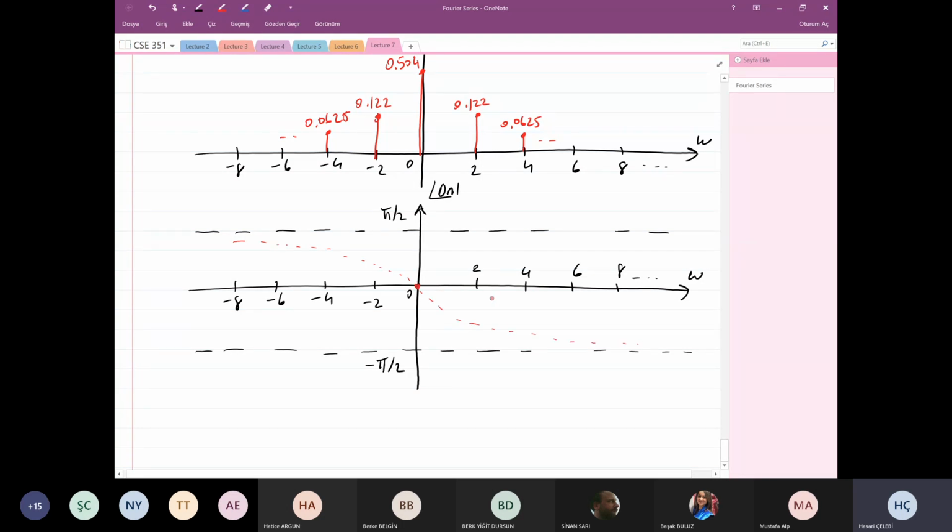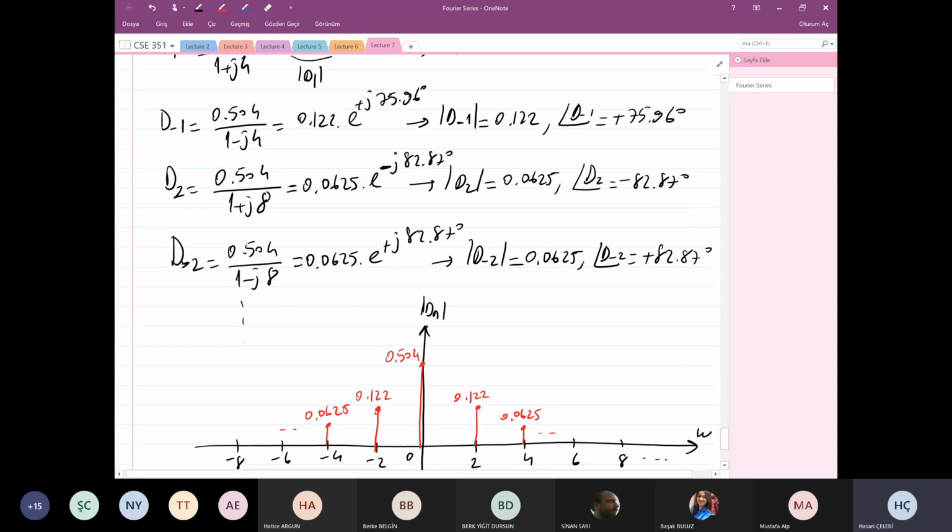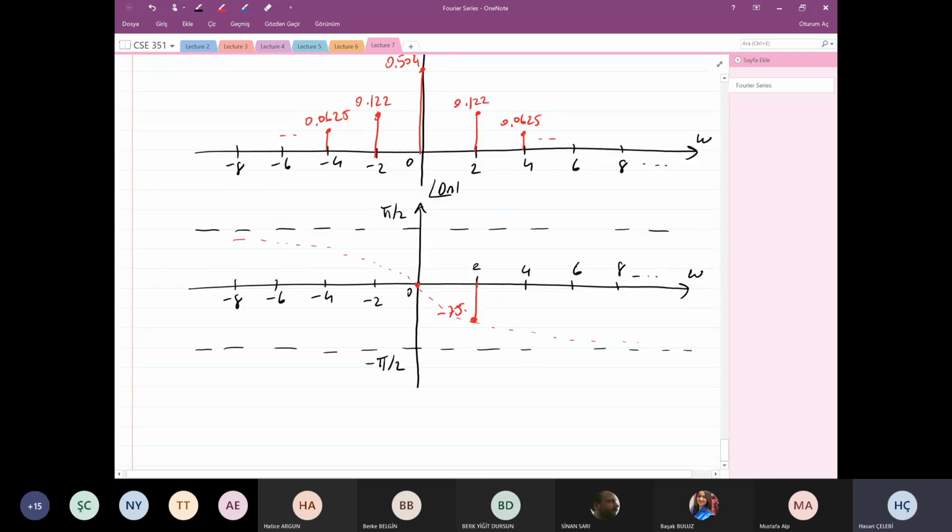So it's 0, minus 75 point something, remember it was 75.96. Then we have minus 82.87. We have the symmetric opposite, which is 75.96.